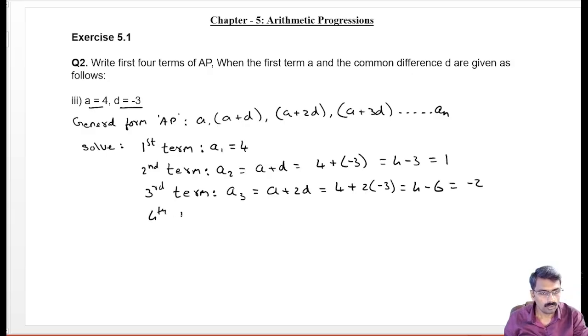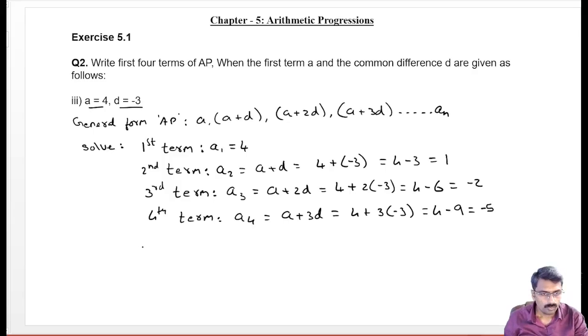And fourth term, a4 is equals to a plus 3d, that is equals to 4 plus 3 times -3, that is equals to 4 minus 9 is -5.